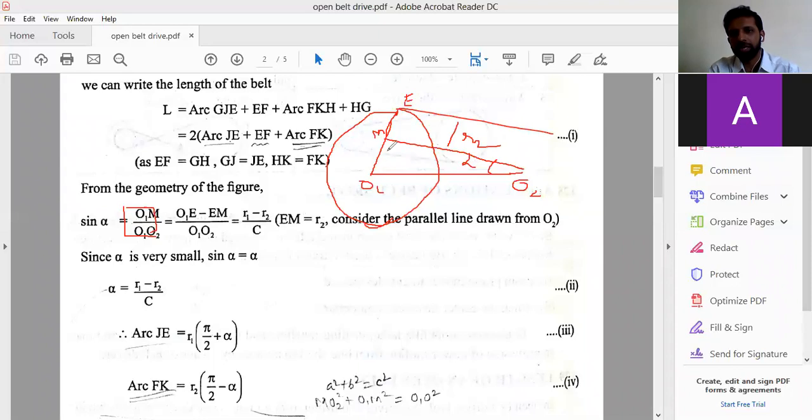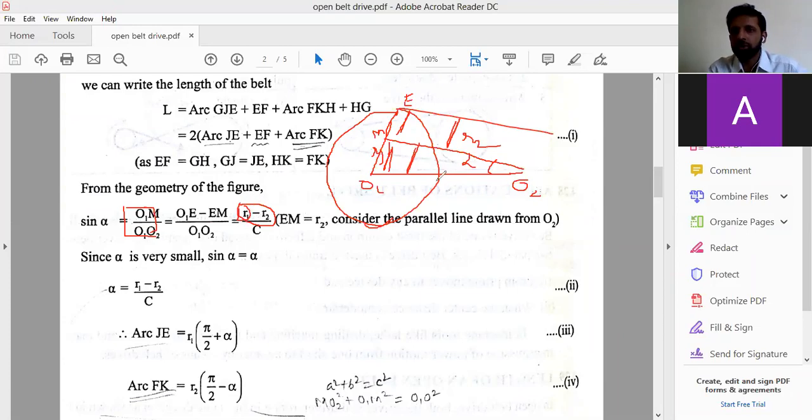So O1M can be represented as O1E minus ME. If I subtract, I will get this distance. O1E is nothing but radius R1, and ME is nothing but the distance R2. So R1 minus R2 will give me the distance O1M.